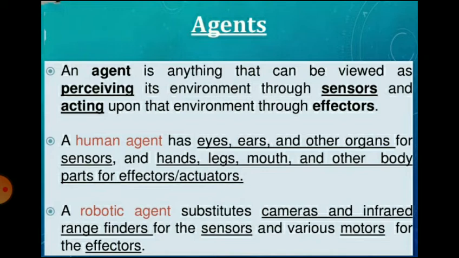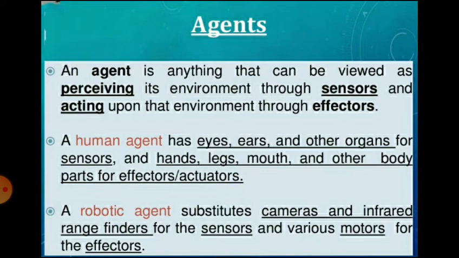Percept means to sense or perceive. So the agent senses information from the environment through the sensors and takes the necessary action by using actuators.